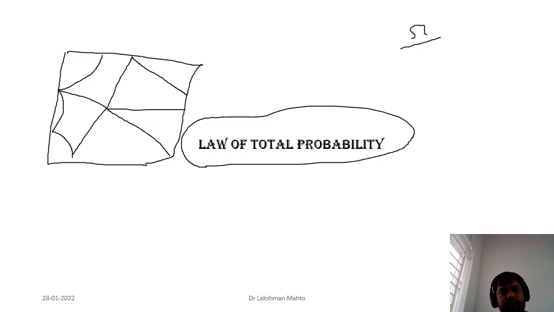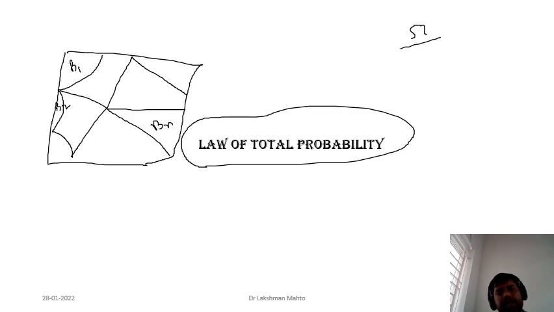So you can call this one B1, the first member of the partition. B2 is the second member of the partition. Likewise, we call the last member Bn.